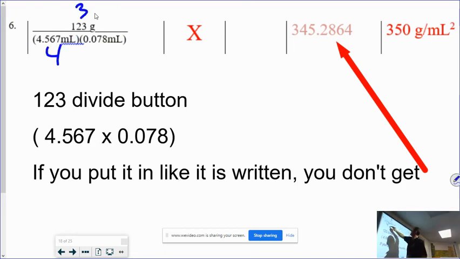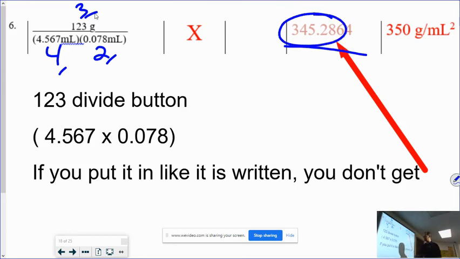We got 4 in that one, and we got 2 in that one, so our answer can only have 2 sig figs. Again, if you're not getting the correct calculator answers, please stop in so we can help you. Again, for calculator answers, we're not asking you to completely unload your calculator. Just look at it. We got 3 sig figs, 2 sig figs, 4 sig figs, so we should probably go out at least 4 or 5 sig figs with that number.